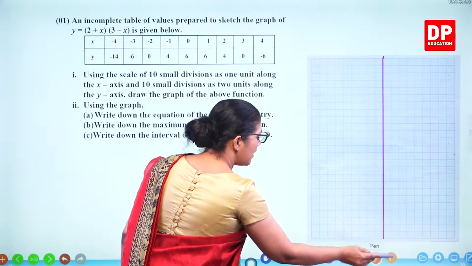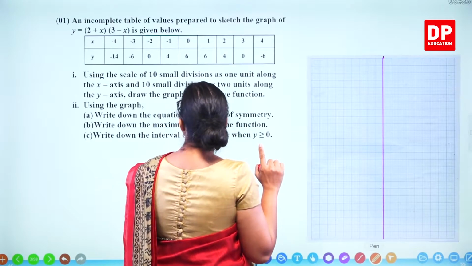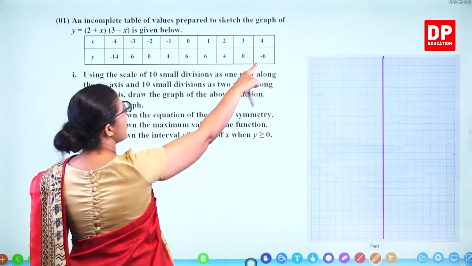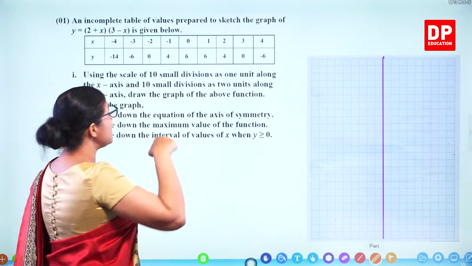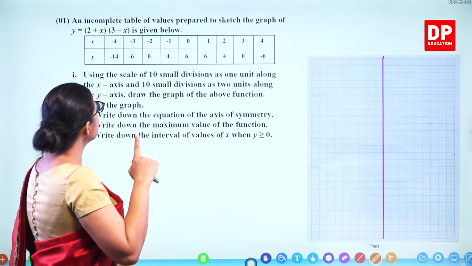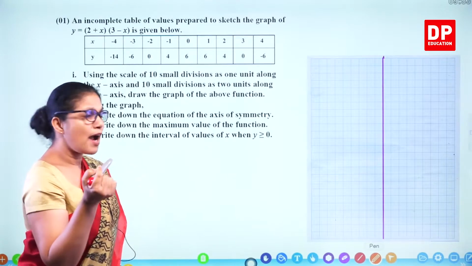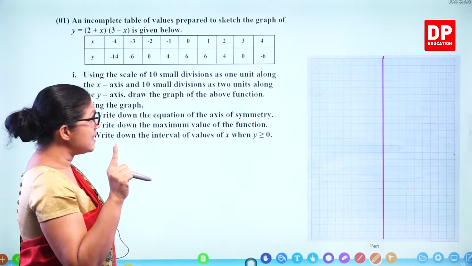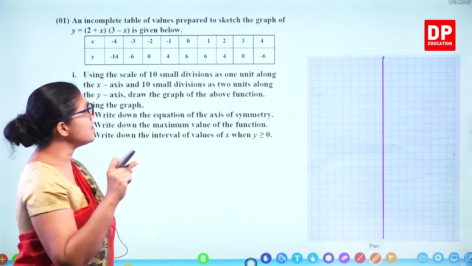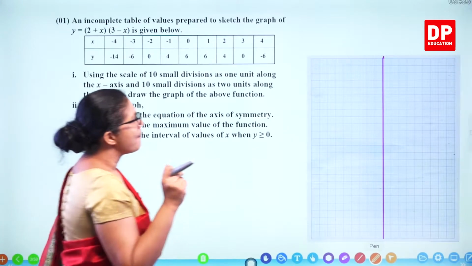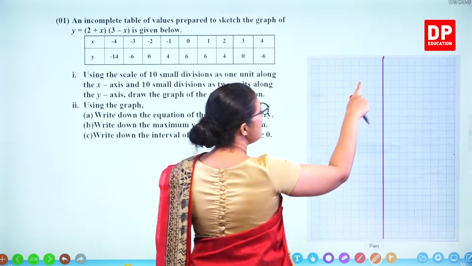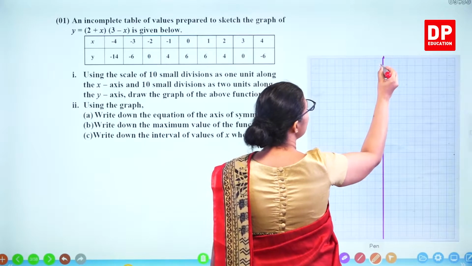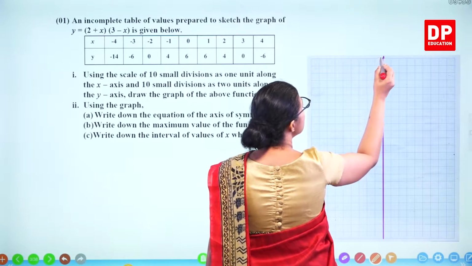Then you can see how many points are there. Here minus 14 is the lowest value and plus 6 is the highest value. So you can start from 6. But it says 10 small divisions, 2 units. So 10 means here to here. So we'll start with 6.